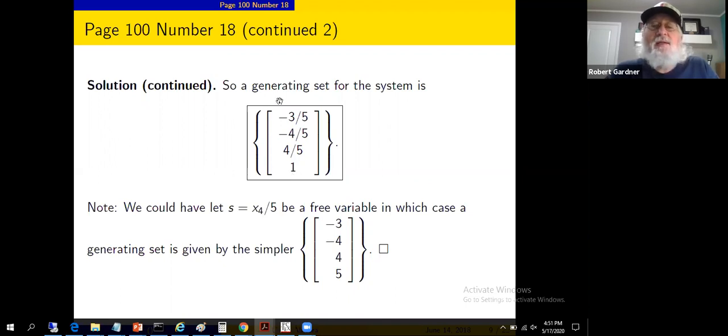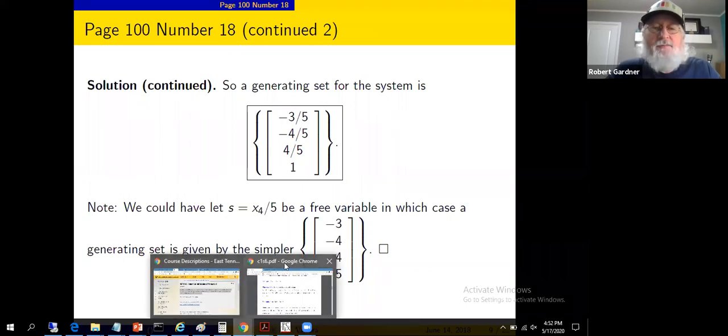You may have done it this way. You look in the back of the book and they've given these answers. There's some numbers that are similar, but they're different factors for sure. Yeah, but they're both valid answers to the question asked. Both of these are a generating set for the solutions to that homogeneous system of linear equations. Sorry, I forgot where it was.